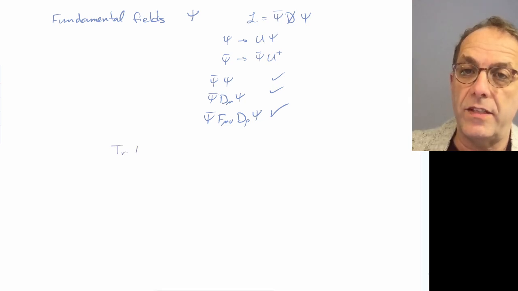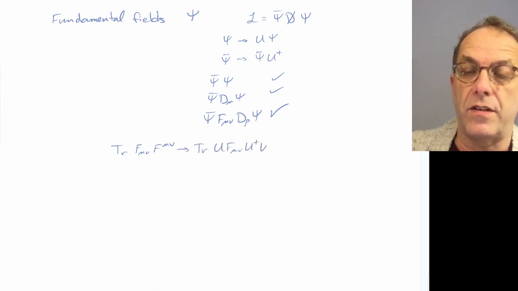With only the gauge field, the simplest gauge invariant operator is trace F squared, which is again the Lagrangian. Trace F is also gauge invariant, but it is 0 for SU(N).